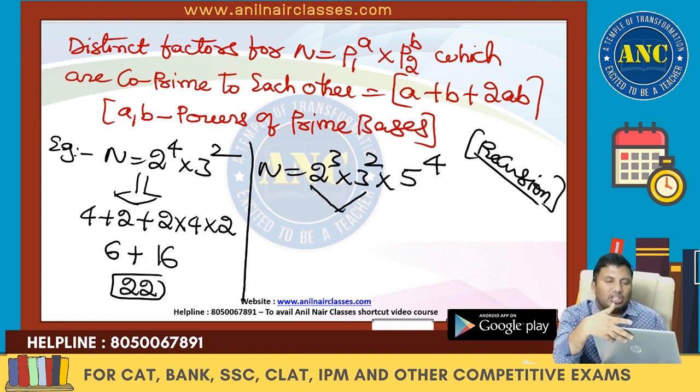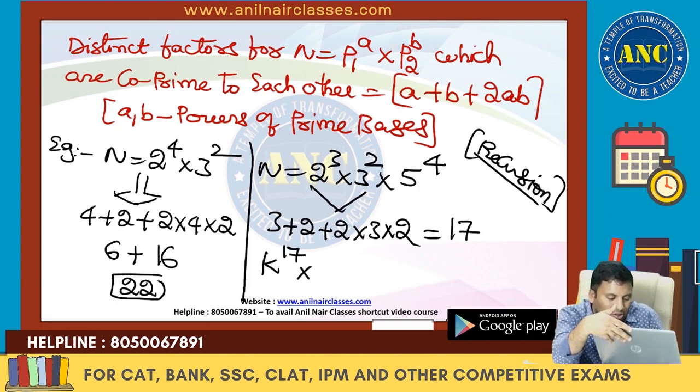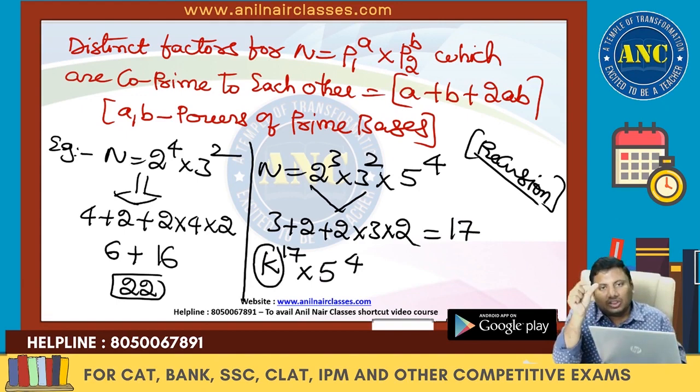If I take these 2, factors which are co-prime with 2 and 3: A plus B plus 2AB, which I got as 17 here. K power 17 into 5 power 4. What is this K? K is nothing but a set which are co-prime with 2 and 3.